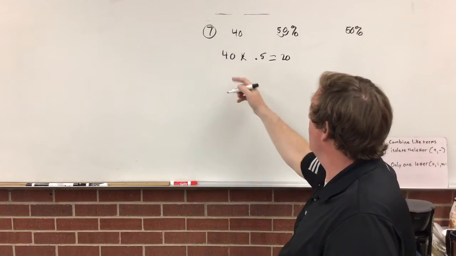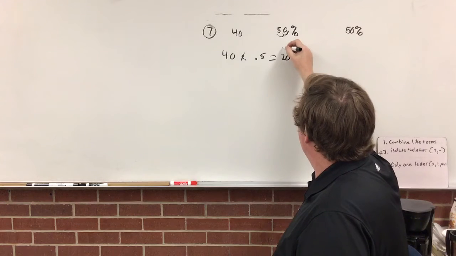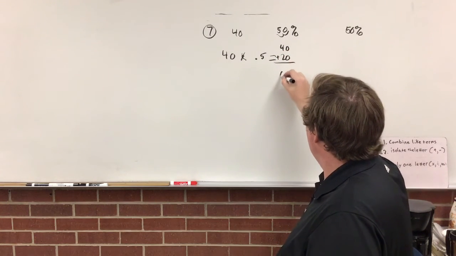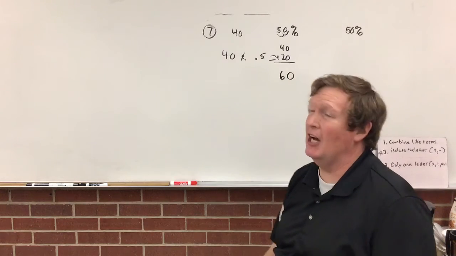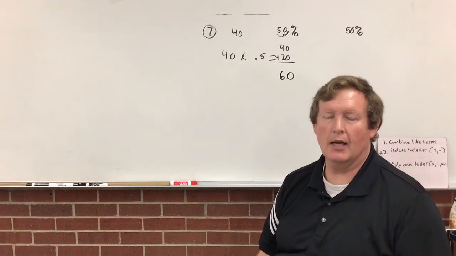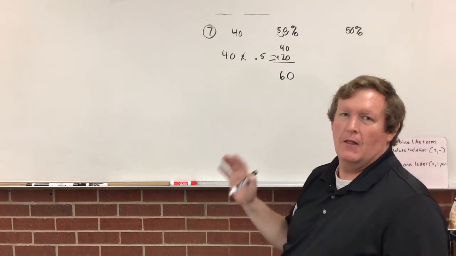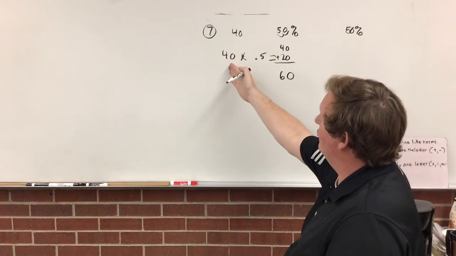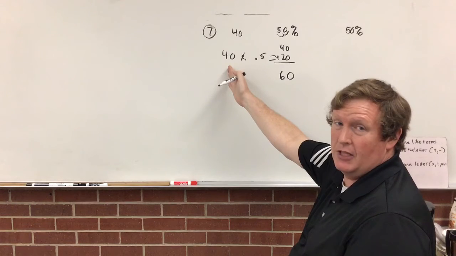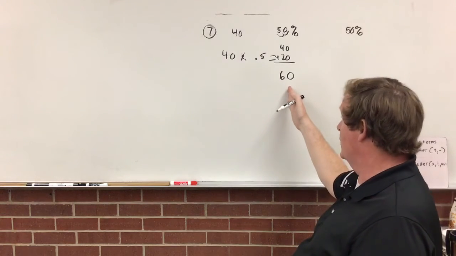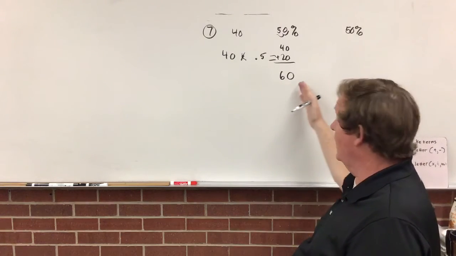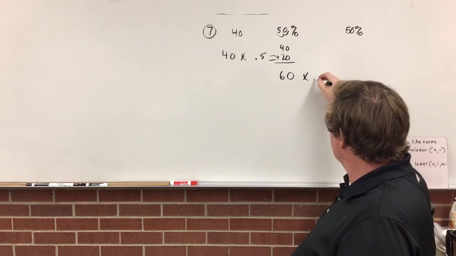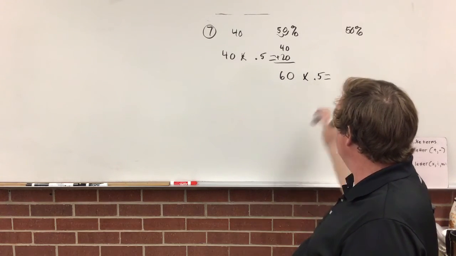So I'm going to mark that up by adding it back to the original amount. That makes $60. Now, the trick is that now we're going to discount. We aren't discounting 40%. That was $40. That was our original price. We have a new original price. It's $60 now. What's 50% of $60? So you're going to take 60 times 0.5.